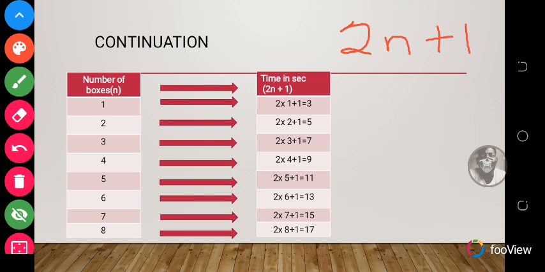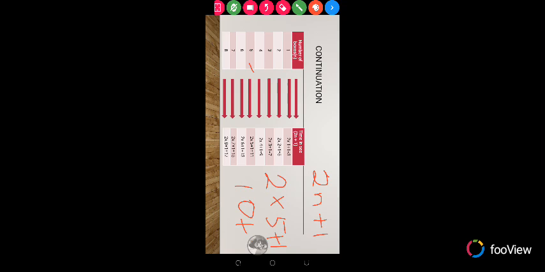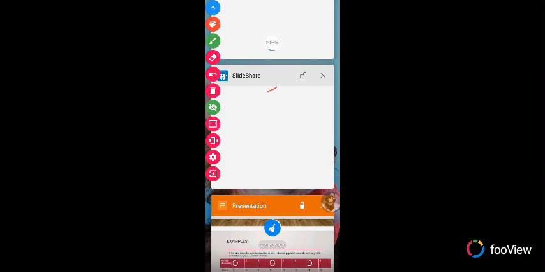So when the number of boxes is 5, and number of boxes is n, so if n is equal to 5, 2 times 5 plus 1.